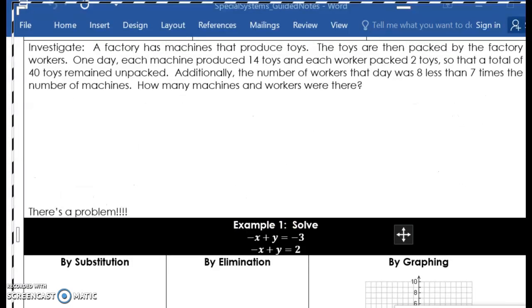Okay, let's think about the following situation. A factory has machines that produce toys. Toys are then packed by the factory workers. One day, each machine produced 14 toys, and each worker packed 2 toys, so that a total of 40 toys remained unpacked.